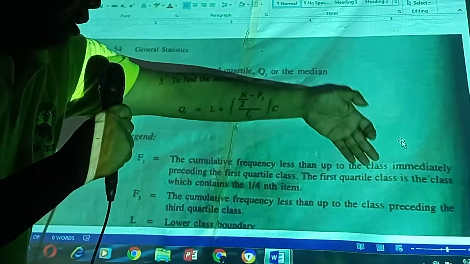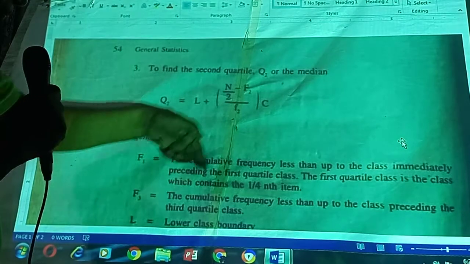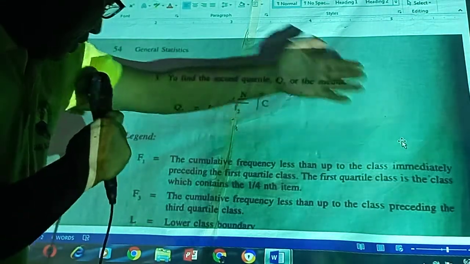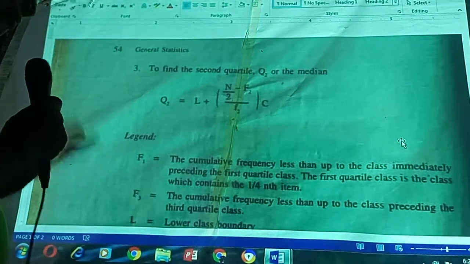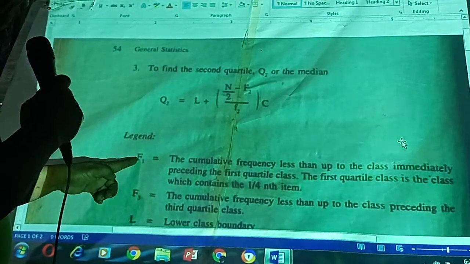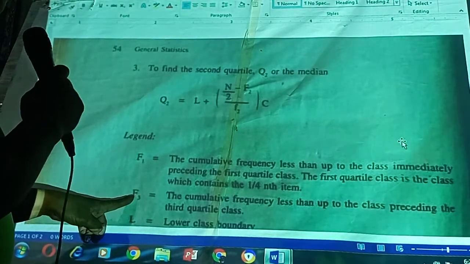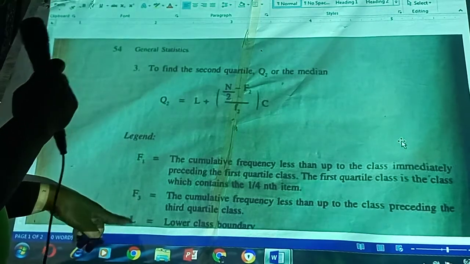Big F3 is the cumulative frequency up to the class preceding the third quartile class.